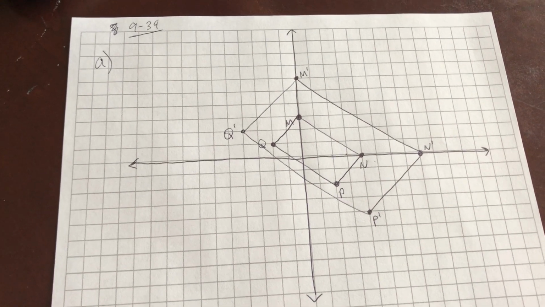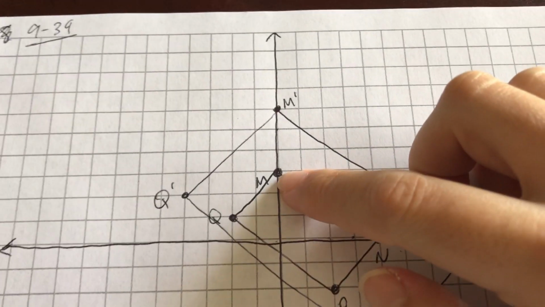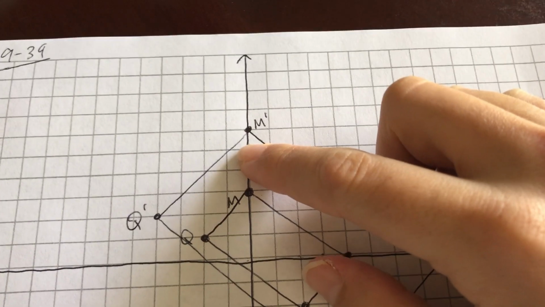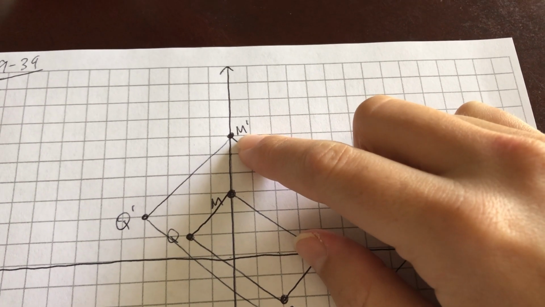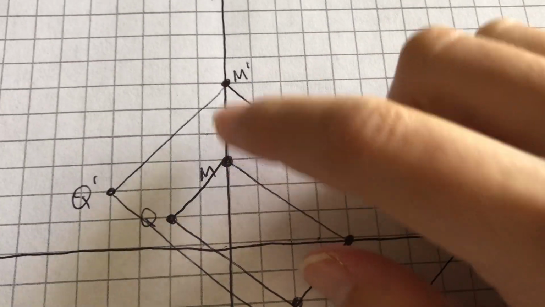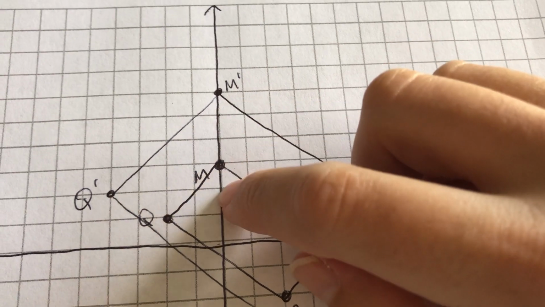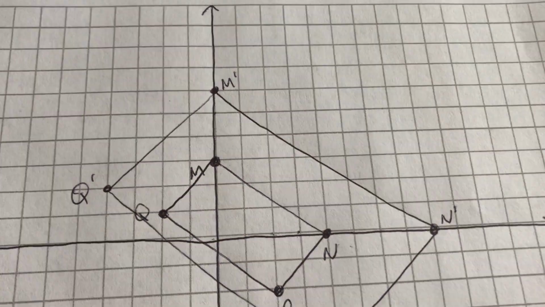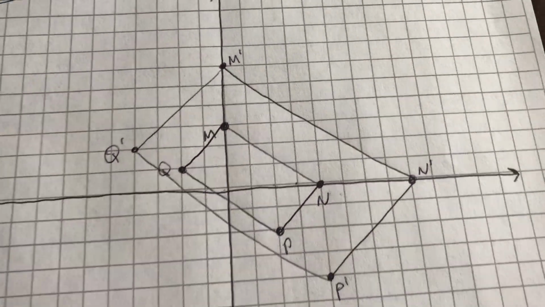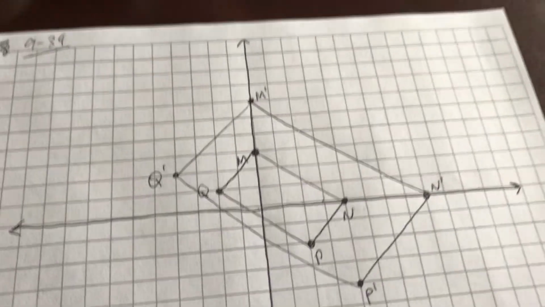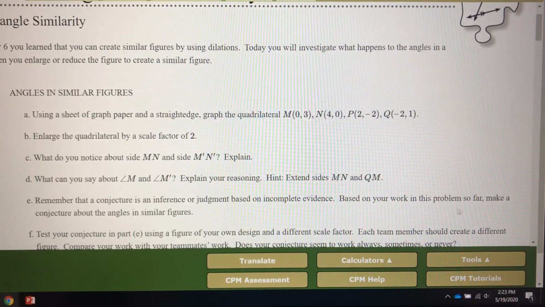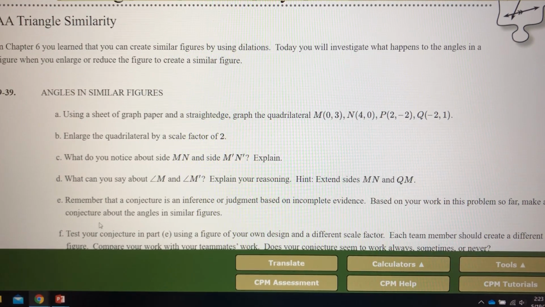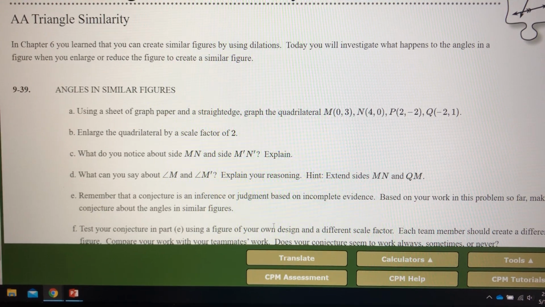Part D says, what can you say about angle M and angle M apostrophe? I'm just going to start calling that M1. So M and M1, and it looks like, to me, they are the same angle. So they are equal angles. For part E, remember that a conjecture is an inference or judgment based on incomplete evidence. Based on your work in this problem so far, make a conjecture about the angles in similar figures.